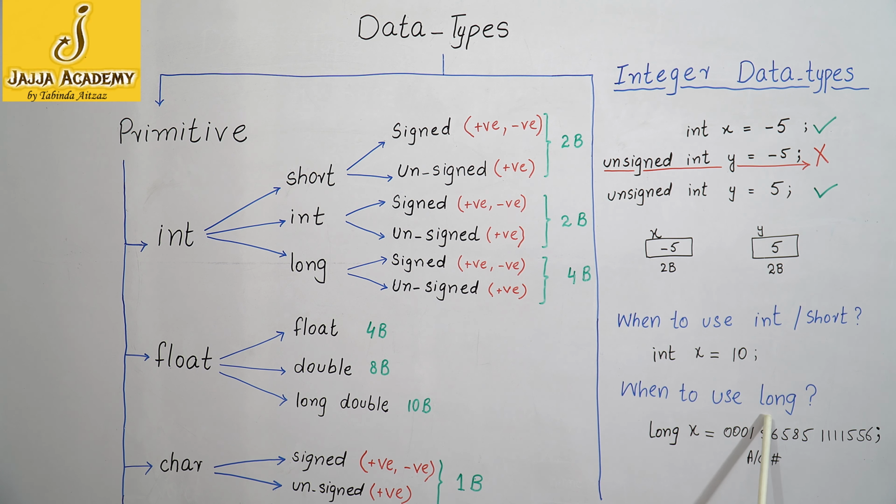Now if I use the long data type to store this small value 10, then what is the drawback of storing this small value in a long variable? As the long data type consumes 4 bytes in memory, if I store 10 in 4 bytes, the value will consume maximum 2 bytes in memory, as it is a very small value. And what about the other 2 bytes?